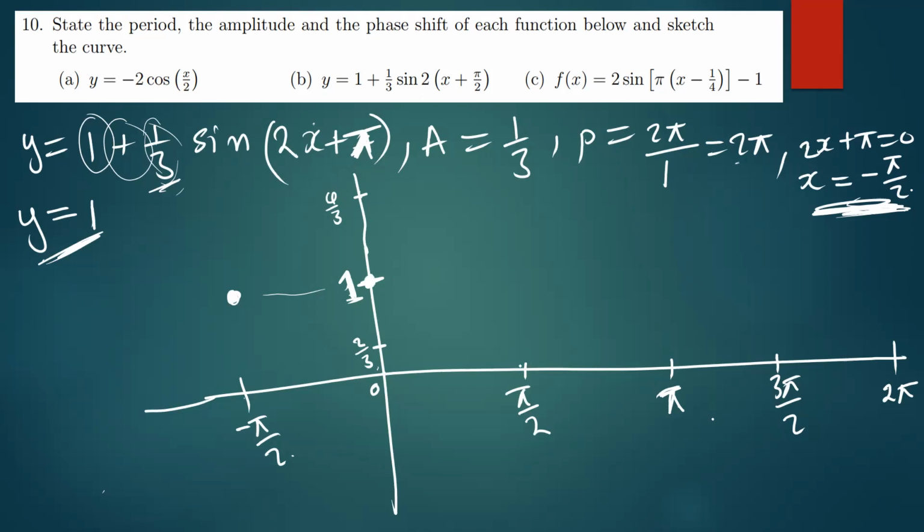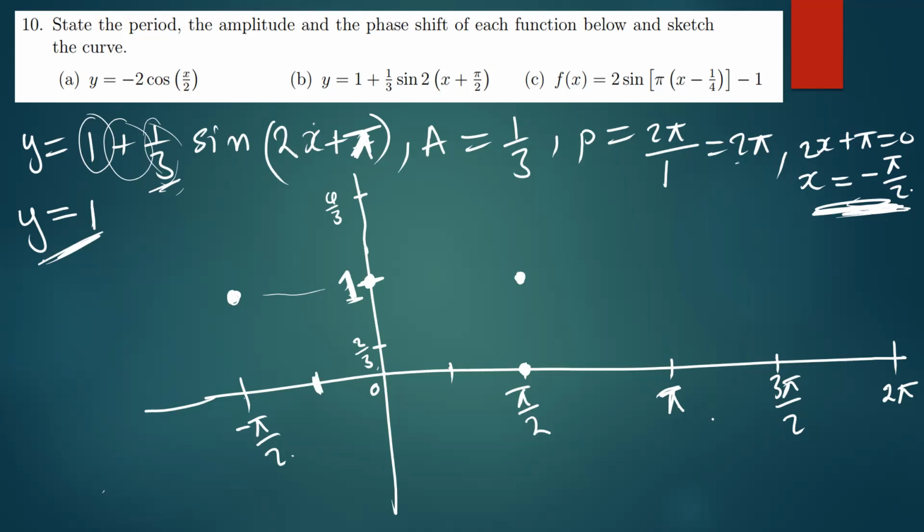And then we also, if we try to put x to be pi over 2 there, we'll have pi plus pi, that will give us 2 pi. So sine 2 pi, which is the same as sine 360, will also give us a 0. So we also expect to have another point there. So this implies that we need to also have some points there.